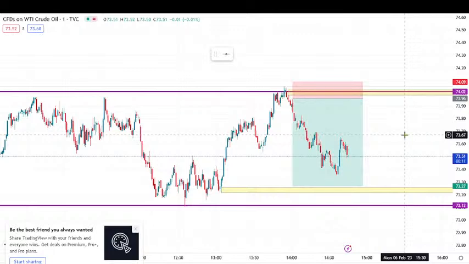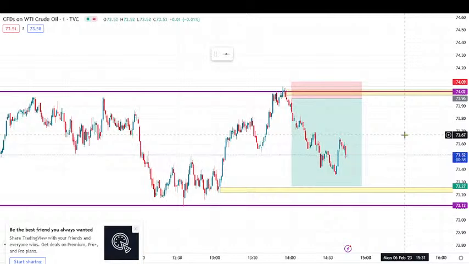And this gives me 3.2242. 2257 on one side, 700 on the other side. So the risk reward ratio is significantly better, more than $3 for every dollar that I risk.